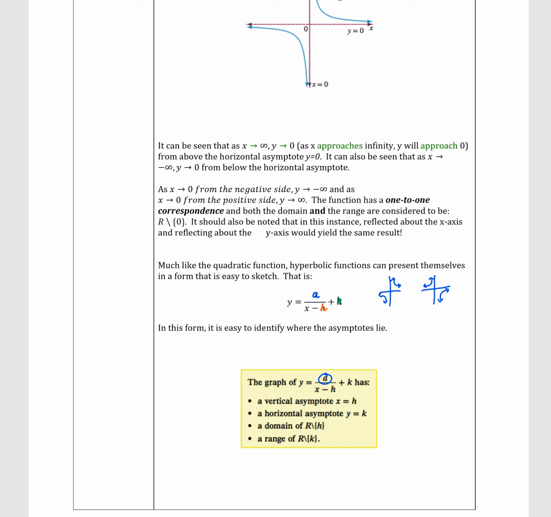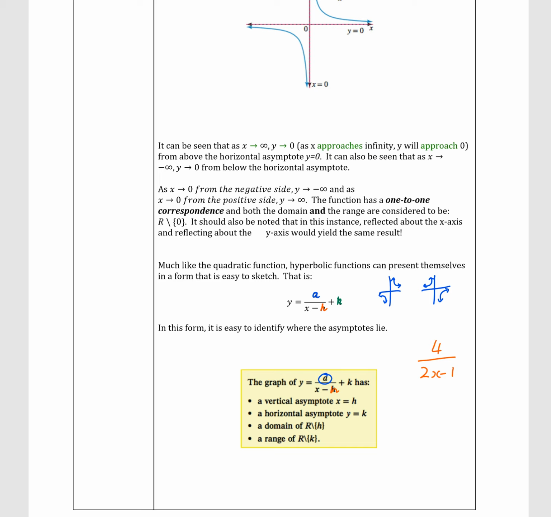If we look to the bottom there, and we've got x minus h, it's generally okay to say that the vertical asymptote will be at h. But we might more generally define this if we had something like 4 over 2x minus 1. Because we've got a value 2 here, it would not be fair to say that the vertical asymptote was at x equals 1.